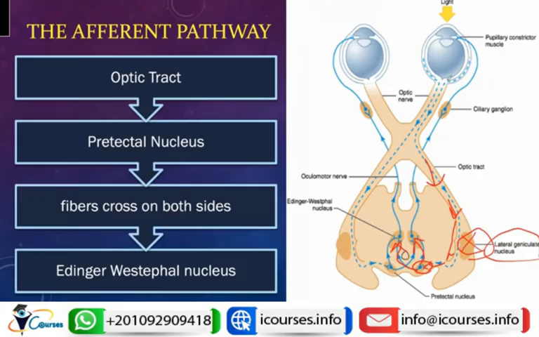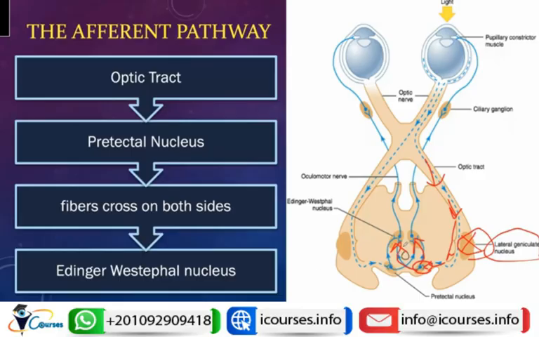The optic nerve carries two types of fibers. Fibers which contain visual sensation relay in the lateral geniculate body. Fibers which carry the pupillary response relay in the pretectal nucleus, and that's why the light reflex is considered a subcortical reflex. It doesn't reach the cerebral cortex, as its center is present in the brainstem.